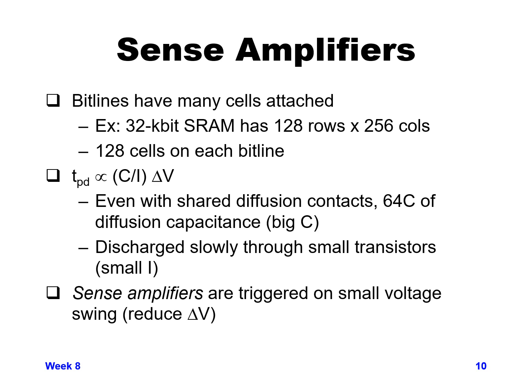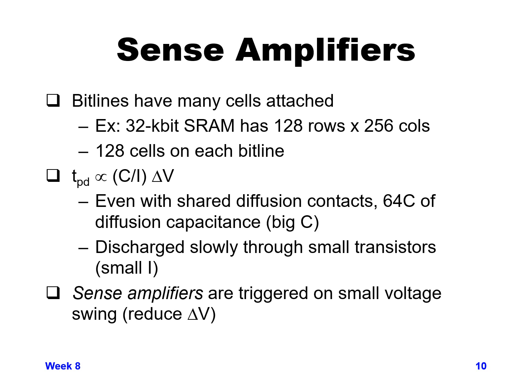For example, a 32 kilobit SRAM will have 128 rows and 256 columns, so 256 bits wide, and 128 word lines or entries. That means there's 128 cells on each bit line. And when you go back to our propagation delay, keep in mind that that's proportional to the capacitance on whatever the line is.